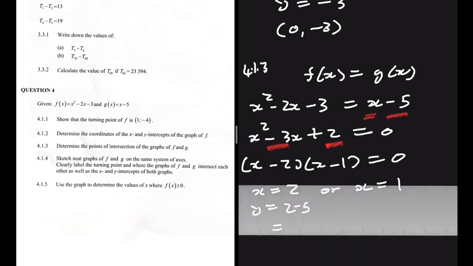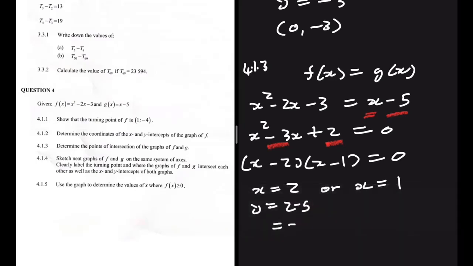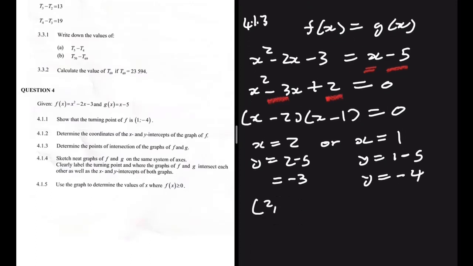So y will be minus 3. And then when x is equal to 1, we have y being equal to 1 minus 5. So y is equal to minus 4, right? So these are the points of intersection.